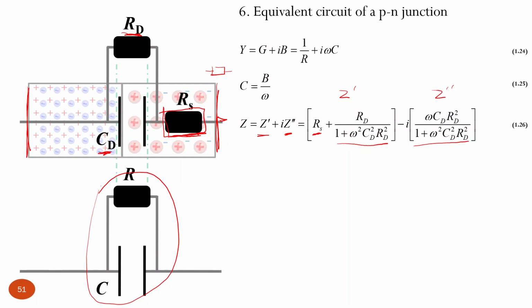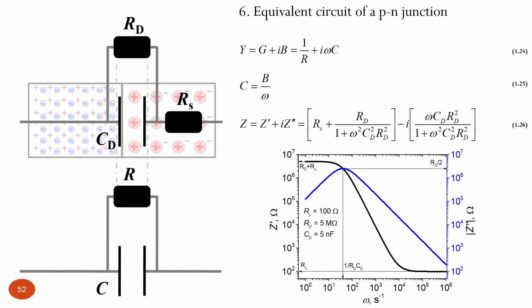So now let us take a look at how this frequency dependence of the real and imaginary parts of impedance looks. So I did this simulation for 5 nanofarads for the depletion layer capacitance, 5 mega ohms for depletion layer resistance, and 100 ohms for series resistance.